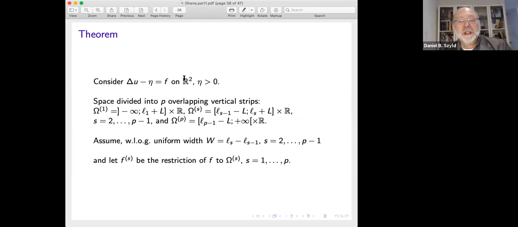For the Laplacian on the whole plane shifted with a positive constant, we divide the space into vertical stripes. So we have the left, the middle ones, and the rightmost. And there is no loss by assuming that the middle ones have all the same width. So consider the restriction of F to the subdomain.